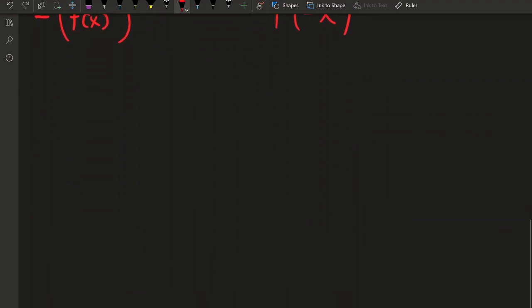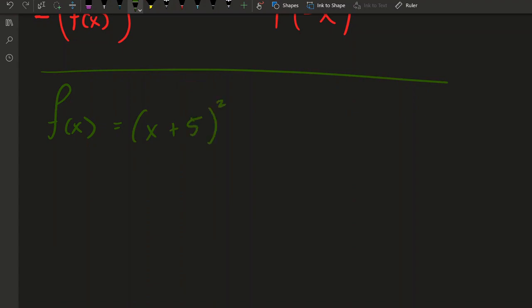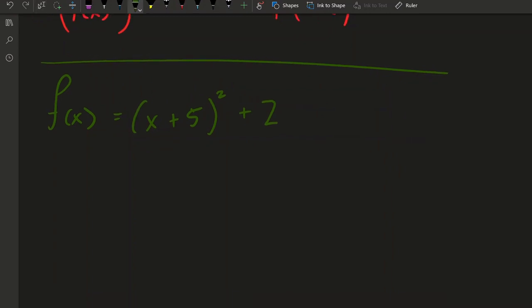So let's go ahead and take another example function. Let's say that we have a quadratic function this time. Let's do x plus 5 squared plus 2. So for a vertical reflection, that would be reflect across the x-axis.